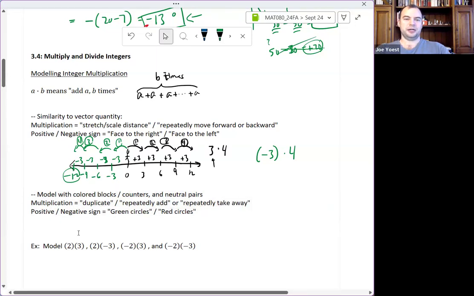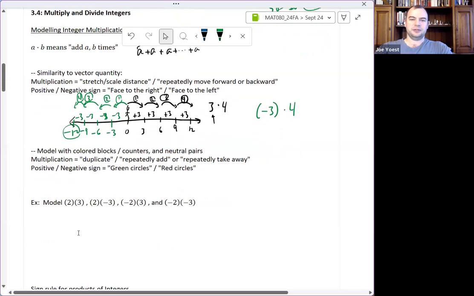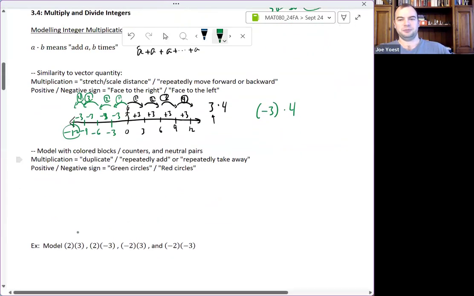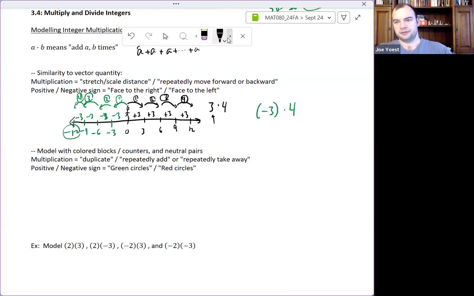We could also think of modeling with, again, colored blocks or counters, where multiplication means something like duplicate. I guess I used green up here for the negative. I didn't intend to imply green associating with negative, just was using a different color. But I could think of 3 times 4, like if I have 3 green counters, and then I want to duplicate them 4 times.